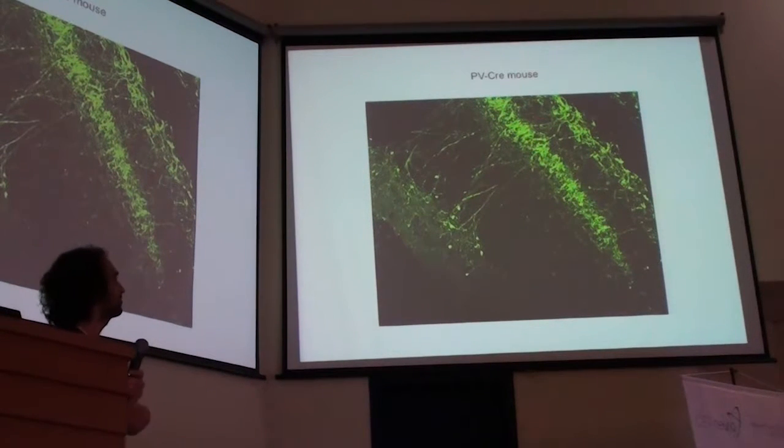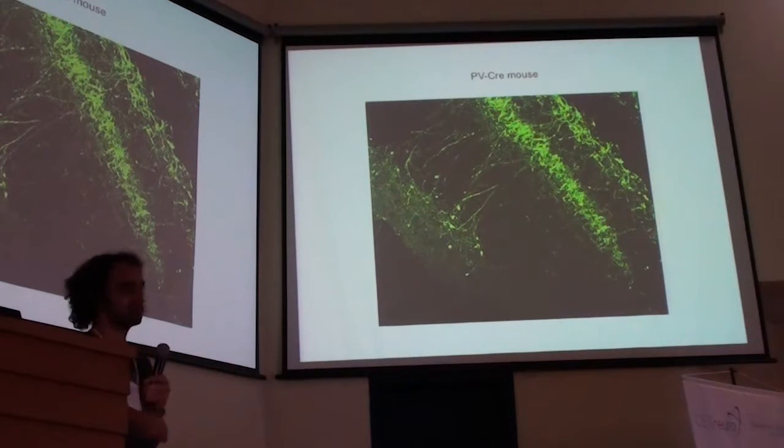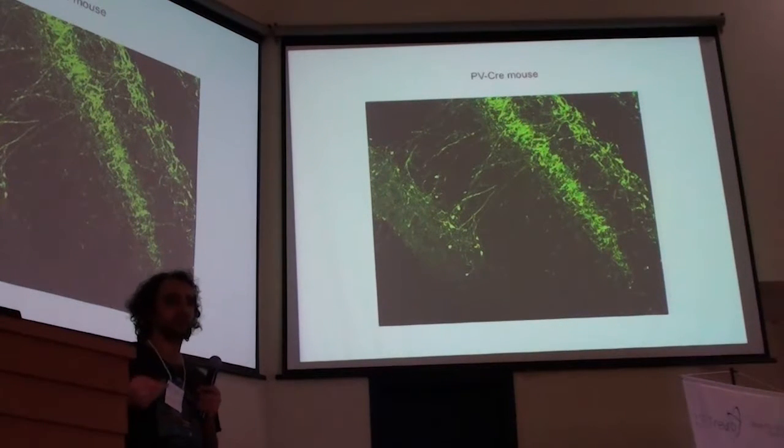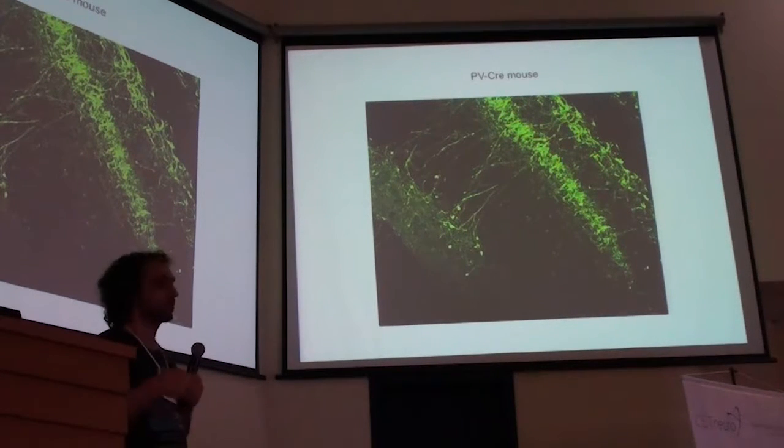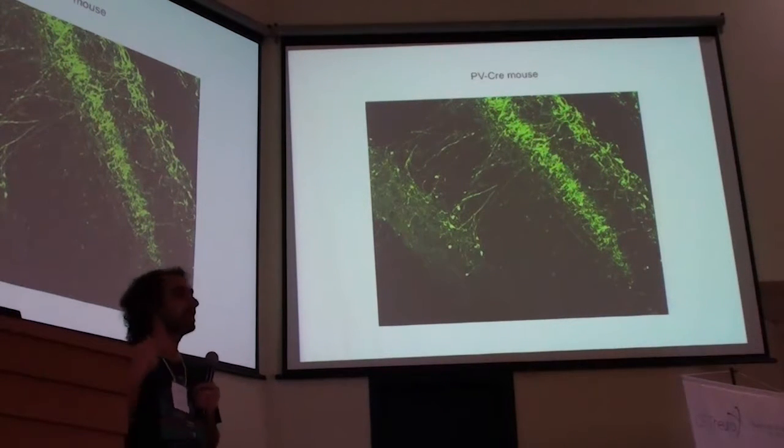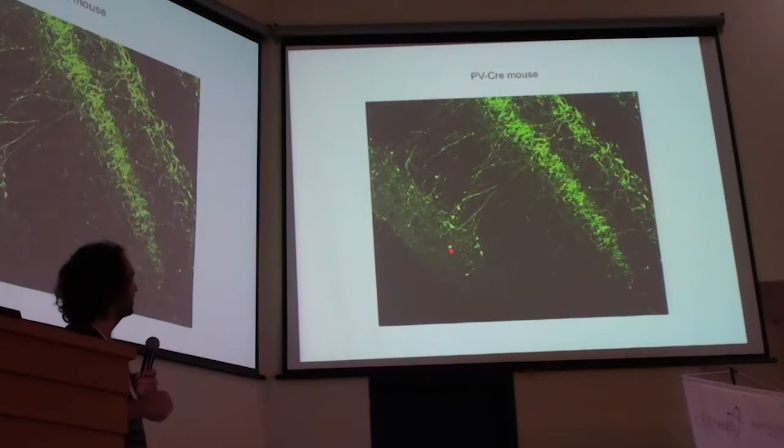But if you get the parvalbumin Cre mice and you look, yeah, you have a lot of cells in the pyramidal layer that could be fast spiking interneurons, but you also have a lot of cell bodies in the oriens here, because OLM cells also express parvalbumin. And then you have cell bodies even in the stratum lacunosum-moleculare, and in the stratum radiatum.